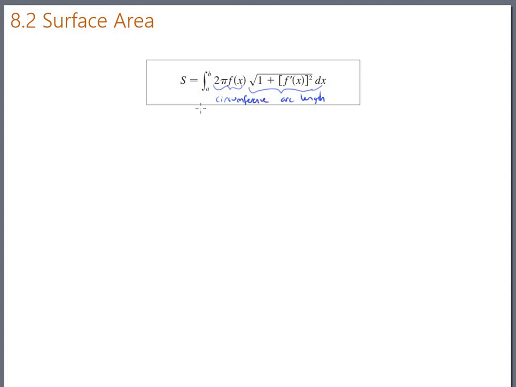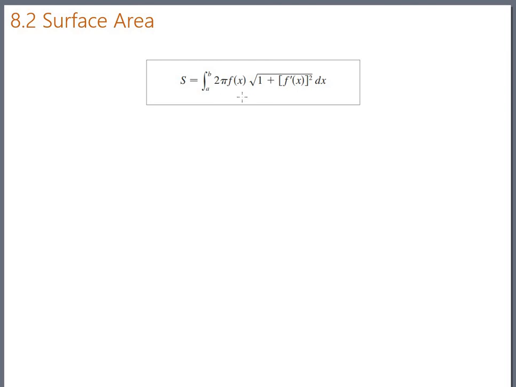Those two things multiplied together. And I do just want to point out that, of course, there's a couple different versions of this based on whether your formula is in terms of x or whether your formula is in terms of y. And also based on which axis you're rotating around.